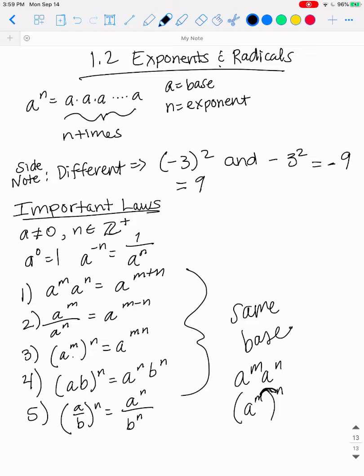And then (ab)^n, the n gets distributed. Let me make a note here: different distribution. And then here, the n is still distributed to both the top and the bottom. Okay, so you guys could come up with some examples on your own or check out the ones in the textbook.